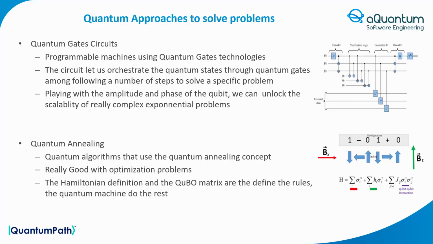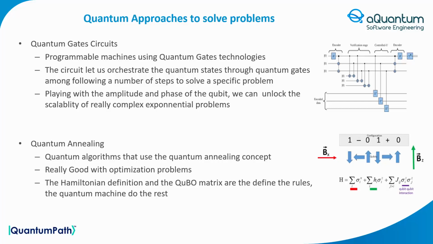On the one hand, we have the quantum gate technology. With this technology, the manufacturer has the quantum circuit as an input, a powerful tool that allows us to orchestrate the quantum gates in a series of steps, in such a way that the state of the qubit is altered until the expected result is obtained.